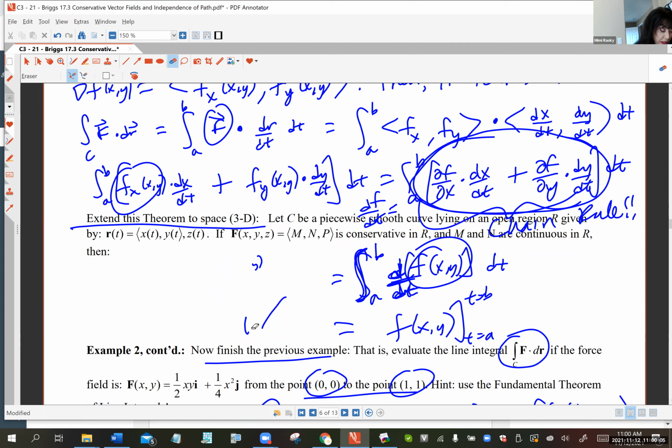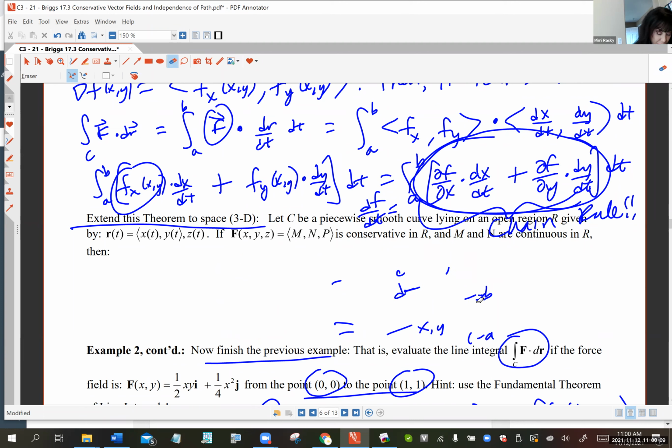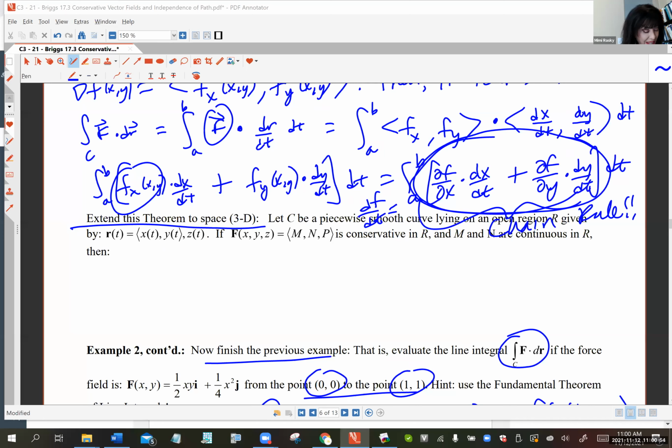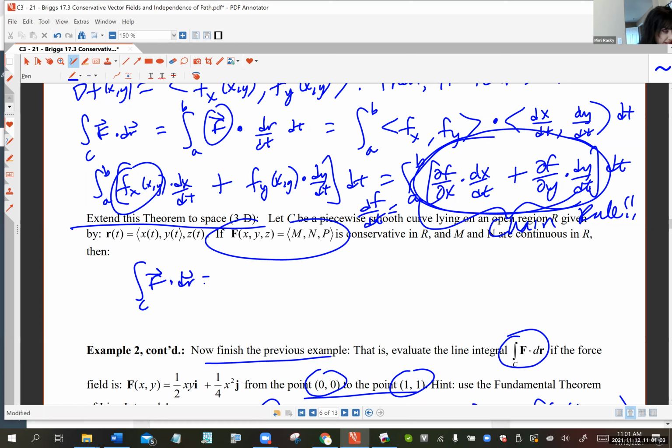So that one's going to be a little dangerous for you. Today's topic is the fundamental theorem of line integrals. You can do it for a 3D vector field, but first you have to show it's conservative. But it still will work.